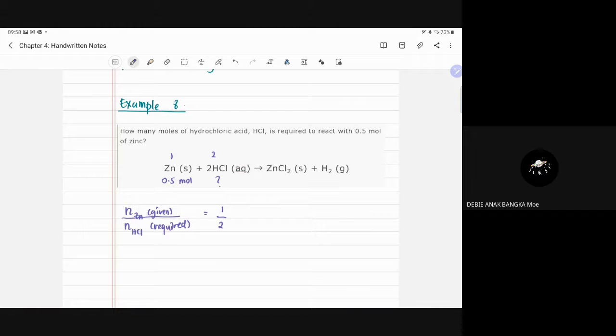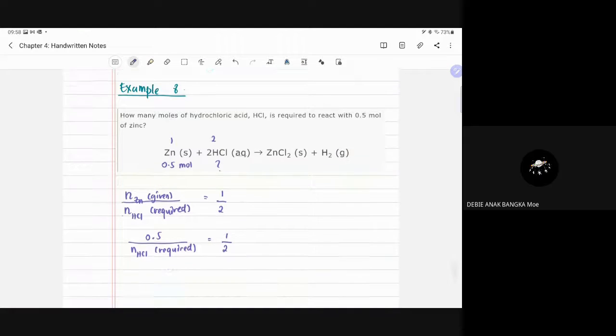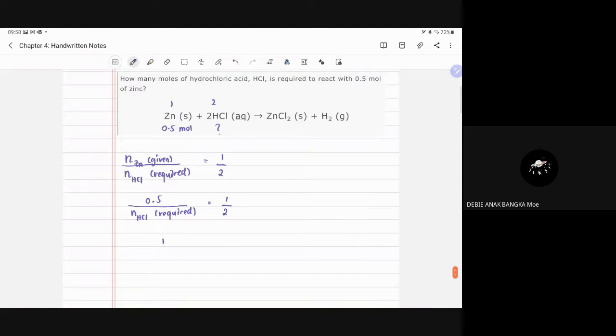Given is 0.5. So this is 0.5 divided by number of mole of HCl required sama dengan 1 bahagi 2. Nak dapatkan number of mole of HCl, kita buat darab silang. Okay, required sama dengan 2 kali 0.5 dapat 1 mol. Don't forget the unit, dapat 1 mol.